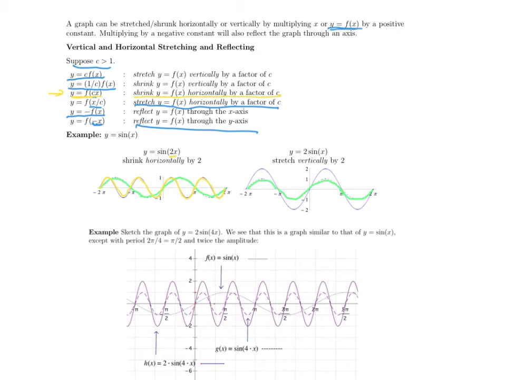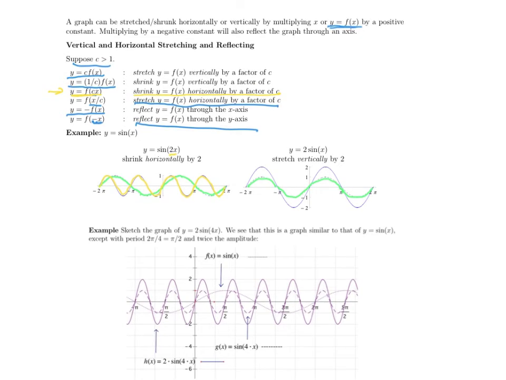So the upper parts of the waves are stretched from 0 to 2, and the lower halves of the waves get stretched from 0 to -2. So the wavelength remains the same, but the height of the wave changes. The graph gets stretched vertically by a factor of 2.